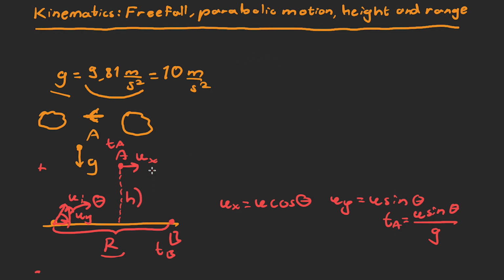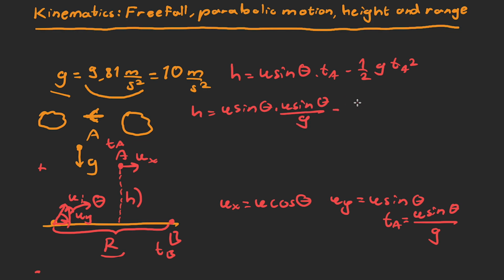We can find what h is. We can say that h is equal to our initial velocity, which in this case is the initial vertical velocity, which is v sine theta, times TA minus half of g times TA squared. We can open that up a little bit, and we can say that v sine theta times v sine theta divided by g is valid, minus half times g times v squared sine squared theta divided by g squared is also valid.